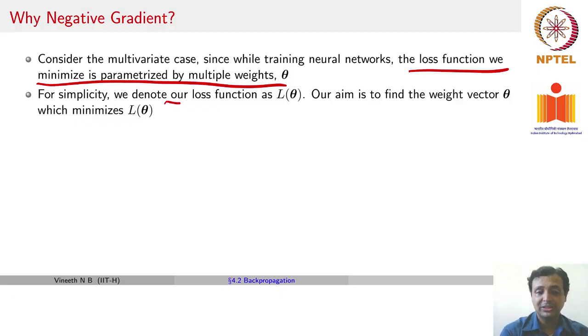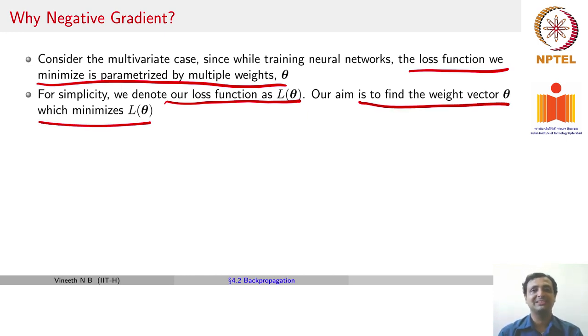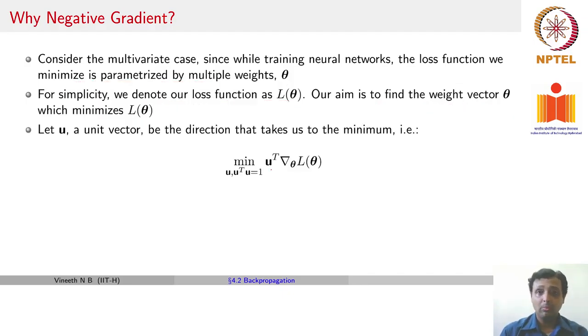Let's now denote this loss function as L of theta, and our aim is to find the weight vector theta which minimizes L of theta, very similar to what we saw on the earlier slide. Now, let U be a unit vector which is the direction that takes us to the minimum of this loss function.